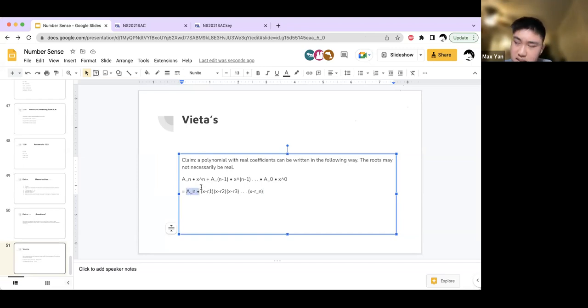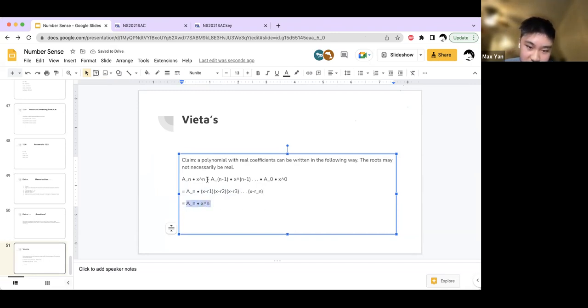Okay, so we've written out this as this now, right? Now let's expand this. Once you expand this, you get a_n times x to the power of n.